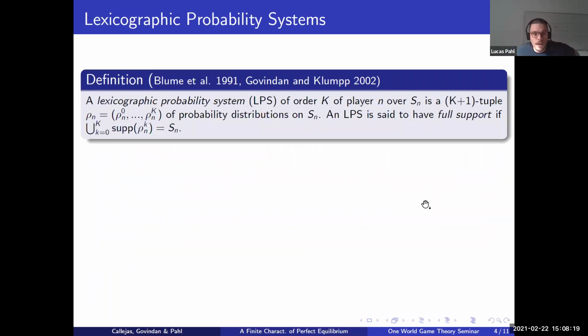Let me talk about the main tool that we're going to use to construct this polynomial system, and this tool is lexicographic probability systems. So what is a lexicographic probability system? A lexicographic probability system of order k of player n over the pure strategy set of player n is a tuple of probability distributions over the pure strategy set of player n.